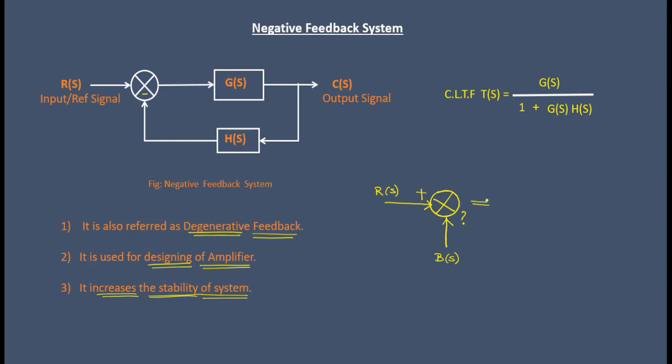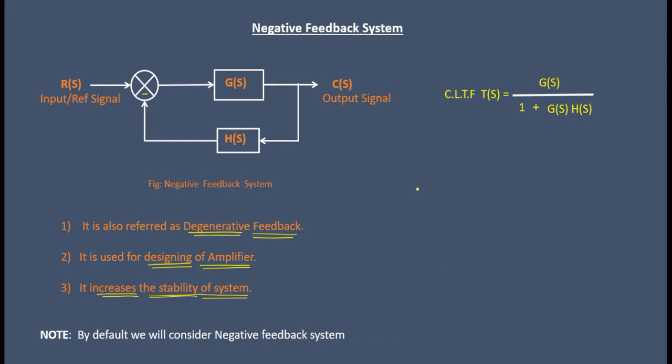So in this condition, by default, we should consider it as a negative feedback. So we can say by default, we will consider a negative feedback system when the sign of the feedback is not shown. Now this was the basic information about positive and negative feedback with their respective equations.